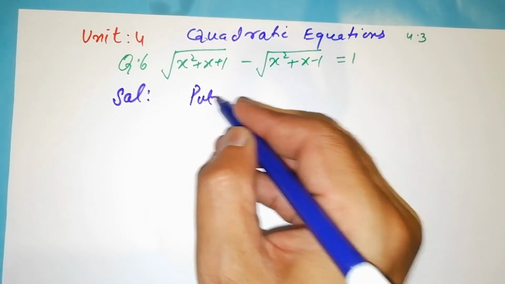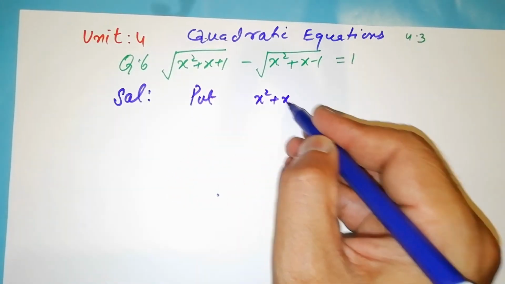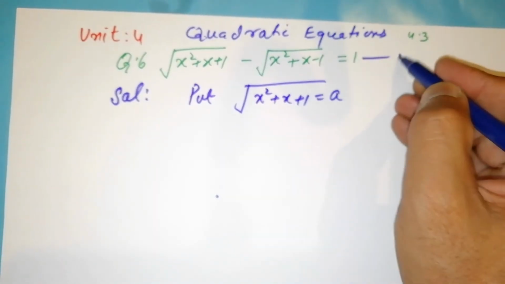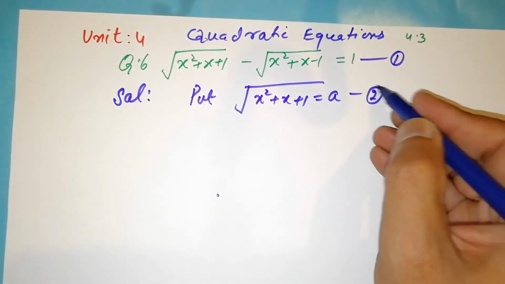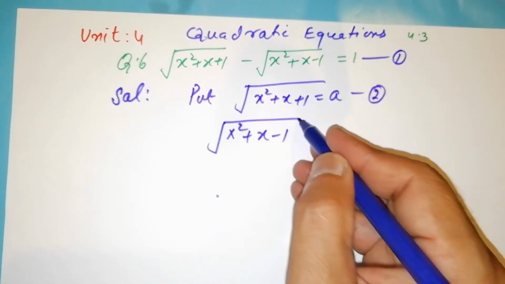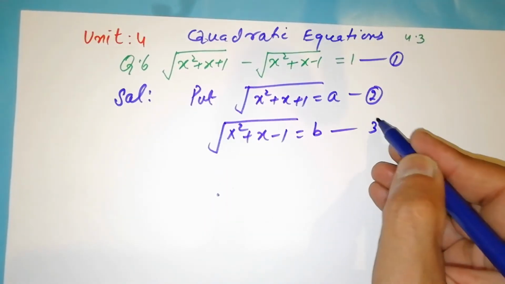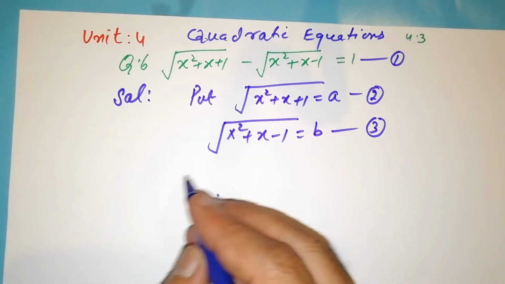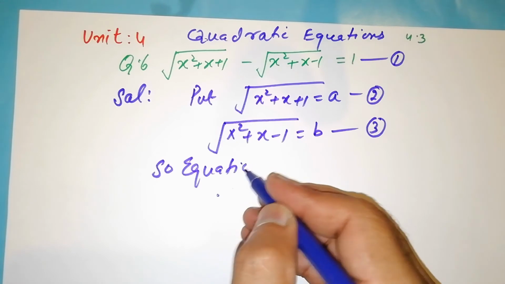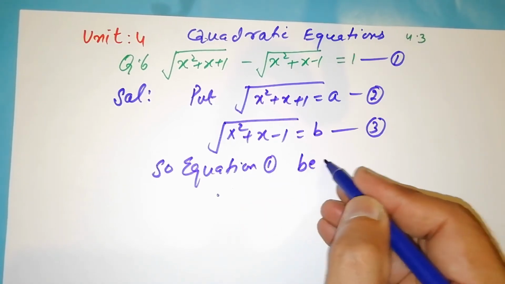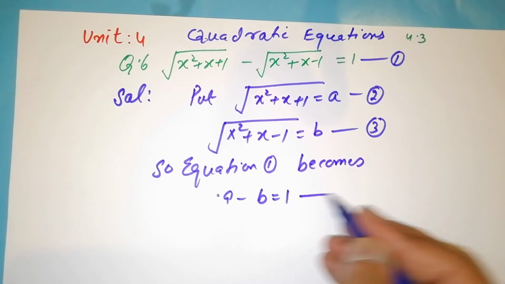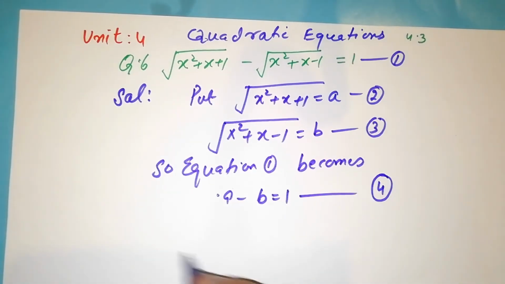Next question: put the square root of x square plus x plus 1 equal to A. So this is equation 1, this is equation 2. The square root of x square plus x minus 1 is equal to B, this is equation 3. So equation 1 becomes A minus B equal to 1, this is equation 4.